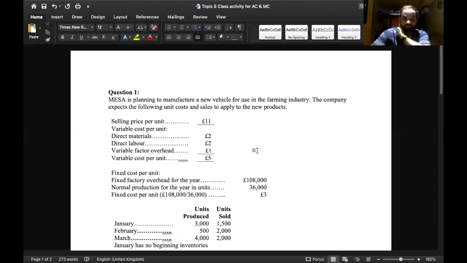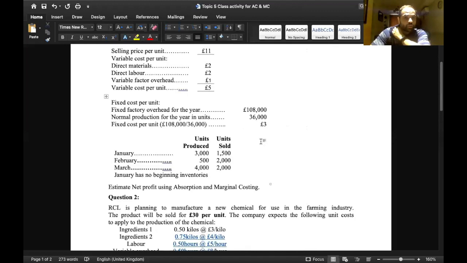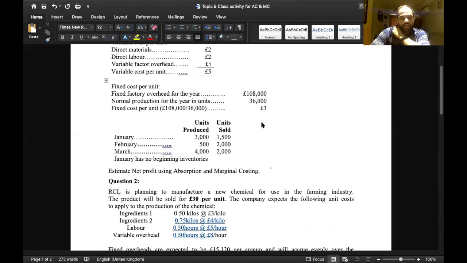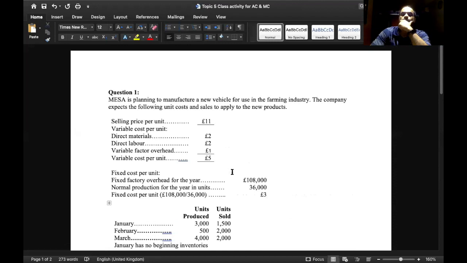So, question 1, 2, and 3. We will do all these three questions one by one. All right, all these three questions are about marginal and absorption costing. So as you can see, you will calculate profit using absorption costing first because I haven't explained marginal costing to you. So you do absorption costing for question 1, right?